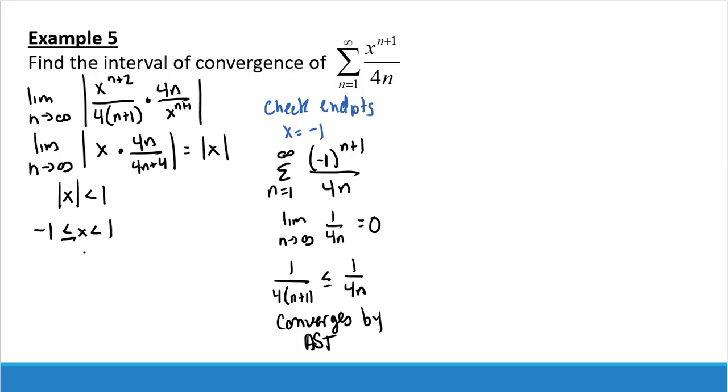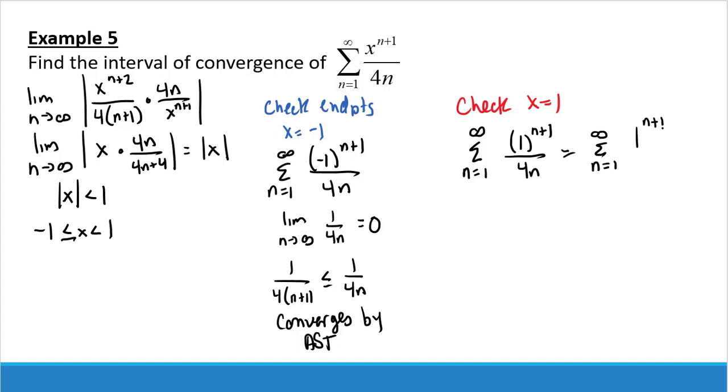Now I check x equals 1, the other endpoint. So now I plug in 1 for x, which simplifies to, I don't know why I just rewrote the same thing. 1 to any power is 1.